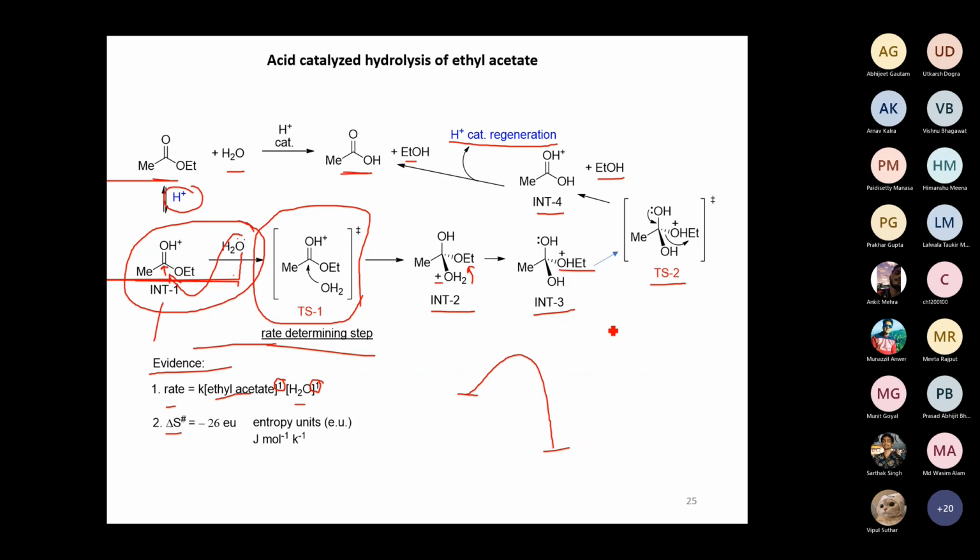So enthalpy of activation, as I told you, what is this? This is the transition state. This is the product. Del means this is a change, the difference between the enthalpy of the transition state and the starting material.